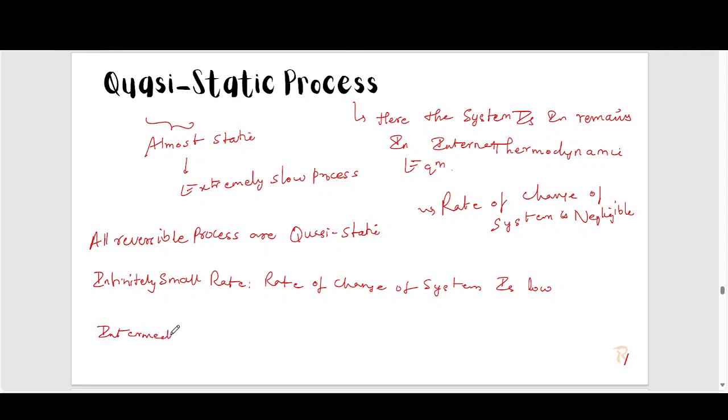Intermediate states: here thermodynamic equilibrium is attained all the time.